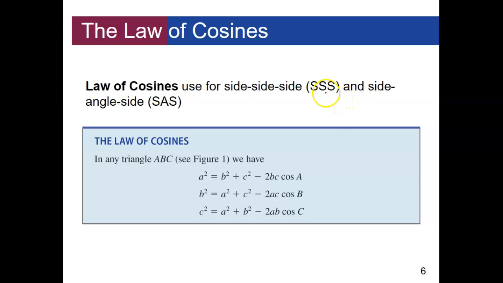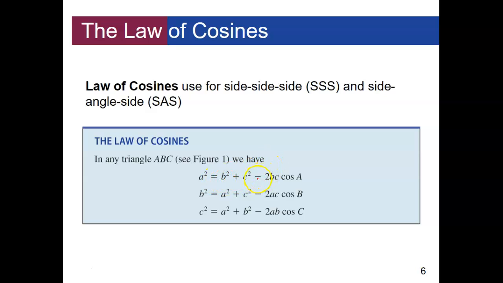What law of cosines tells us is that in any triangle ABC, a squared is equal to b squared plus c squared minus 2bc cosine of A. A couple things I want to point out. One is that it should remind you of the Pythagorean theorem, the first part of it.